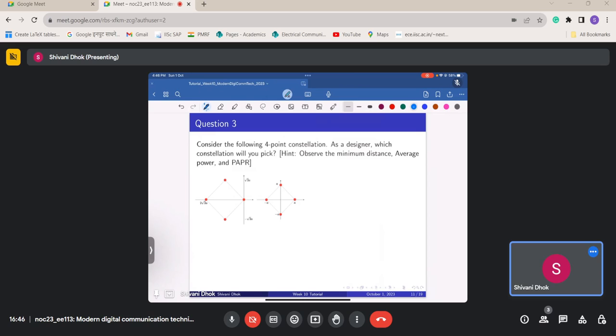So for that, we want higher minimum distance, we want low average power, and we want low PAPR, that is low peak to average power, or PAPR should be close to 1.